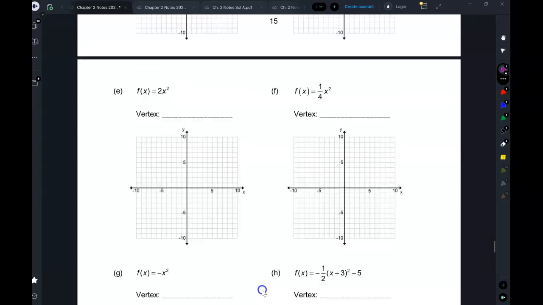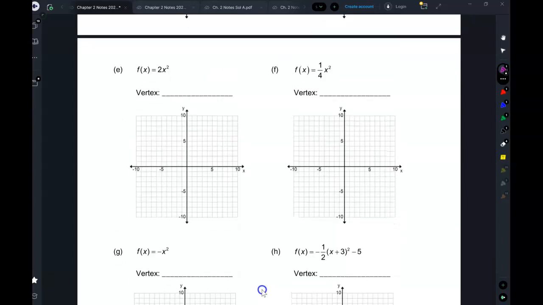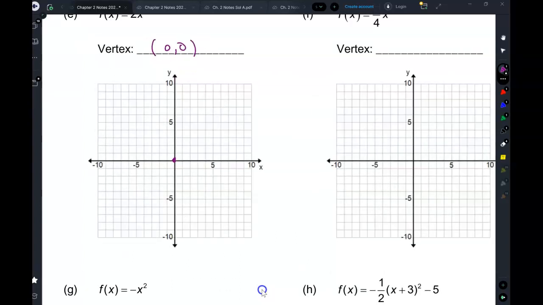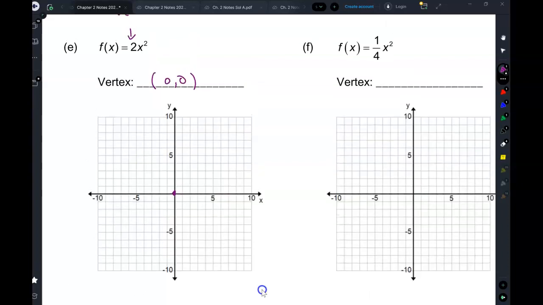Okay, now here we have a different situation. The 2 here is a vertical dilation. Is this a stretch or a compression? It's a vertical stretch, so would that make the parabola narrower or wider? Narrower. So what's the vertex now? 0, 0. It hasn't moved anywhere. So now, from there, if I go over 1, previously I would go up 1.